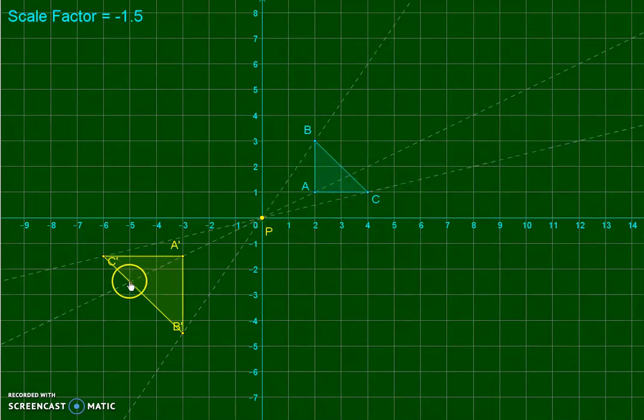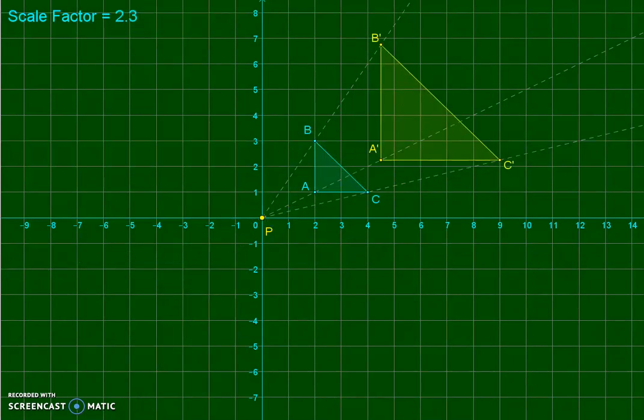This is on the top, this is on the left, and now it's on the right. So the figure is flipped or reflected. And when the scale factor goes negative, we're still moving along these segments, but we're moving on the opposite side of the center of dilation. So that's what happens when we have a scale factor that's negative.